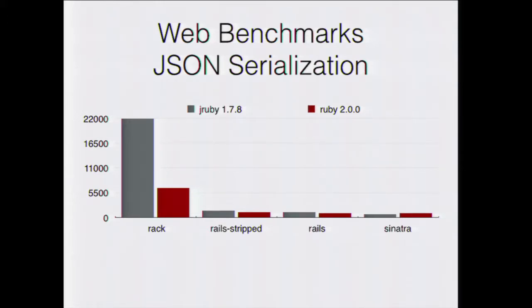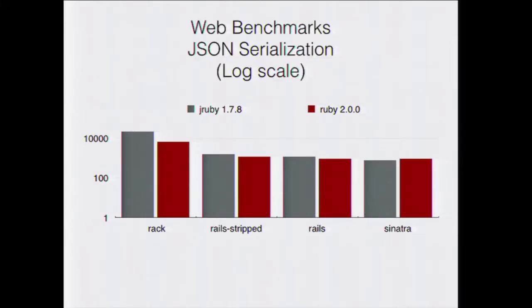Across the board, except Sinatra, JRuby is faster than Ruby 2.0.0. And this is the same graph in log scale so that you can see the numbers slightly better on the lower end. You can see that Rails is slightly faster than Sinatra, which might be surprising in some ways.